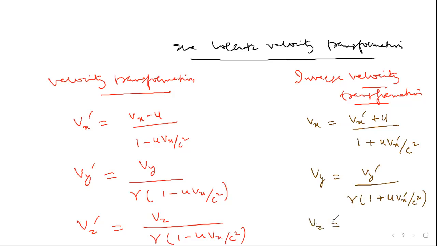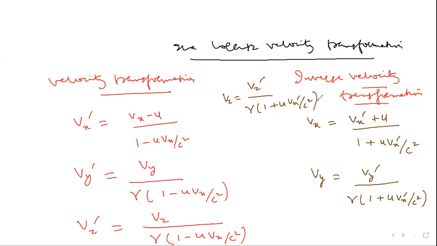Vz is Vz prime over gamma times 1 plus u Vx prime by c square.